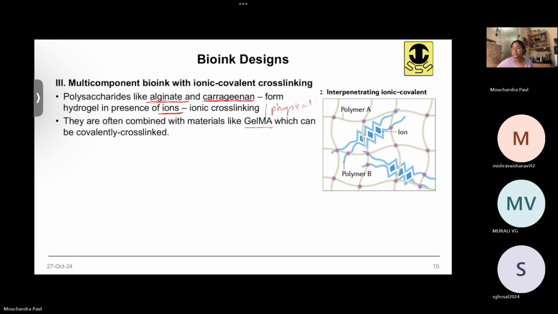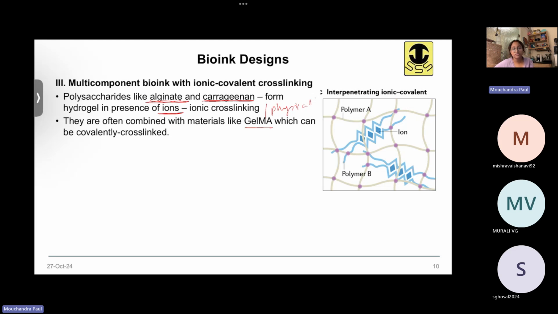So here in this figure, it is showing two polymers, say polymer A is your GelMA, and polymer B, let's say, is alginate. When you mix alginate with GelMA, you have sufficient viscosity, and you print it on the surface. Then you use a salt bath containing, say, calcium ions.